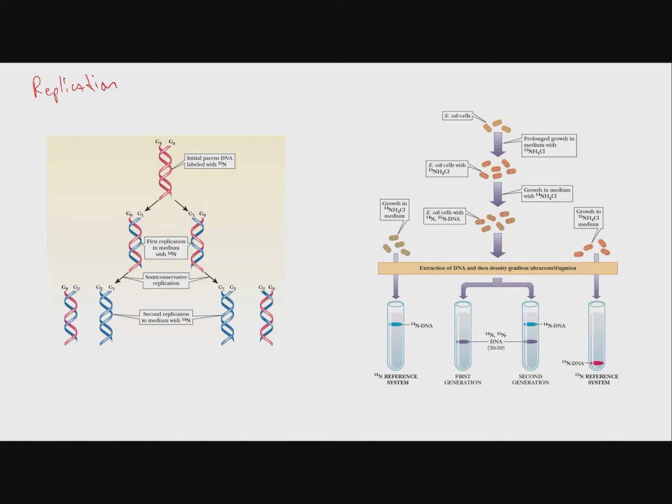So we'll probably just talk about replication of circular double-stranded DNA, and then we'll show how those are different from eukaryotes. Now, the most details that we have were first investigated in prokaryotes, E. coli was one of the first. We know a lot about yeast also now, which helps elucidate some of the differences with eukaryotes.